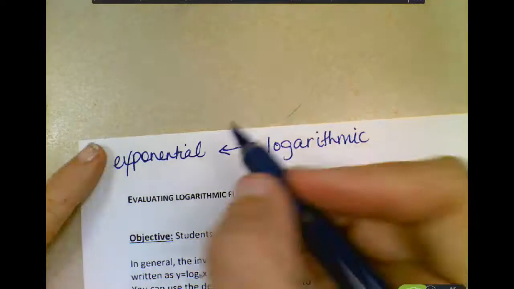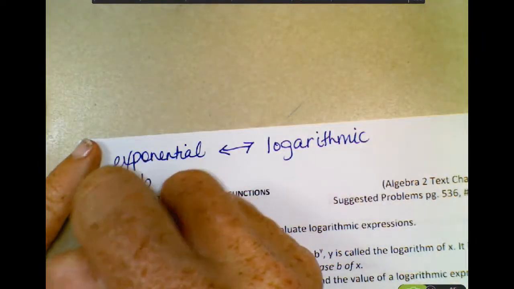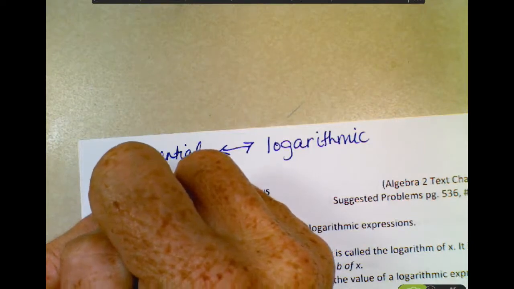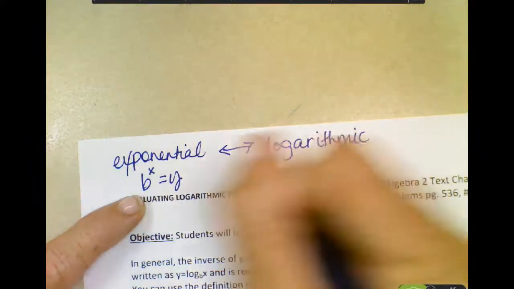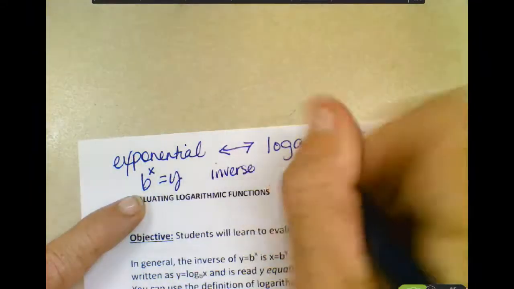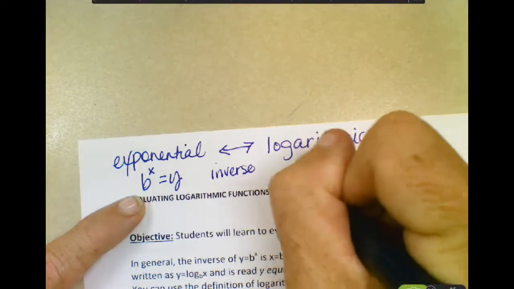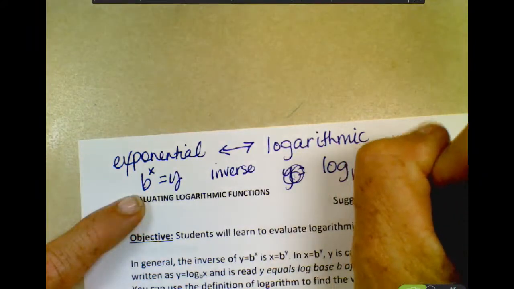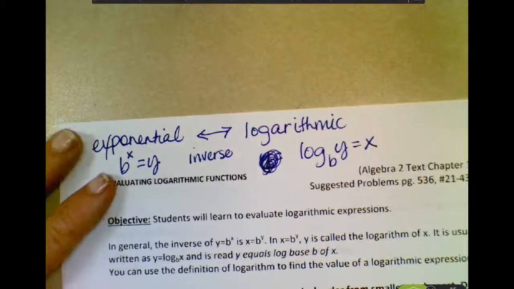Okay, so let's remember what that is. So when we have an exponent, we have b to the x equals y, right? When we have a logarithmic function, it is the inverse. They are inverse of one another, which means that if we take the inverse of that, our log of our base, our answer is y, we're looking for the exponent, okay?